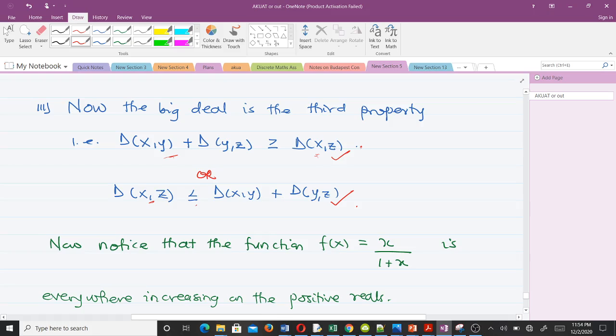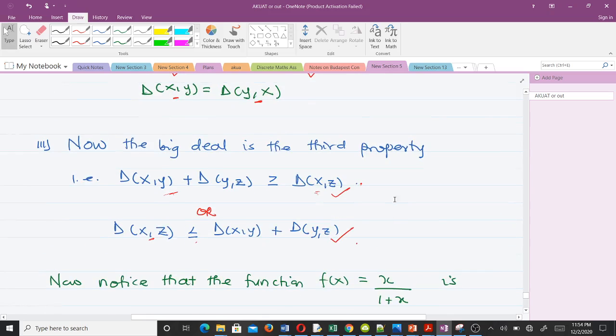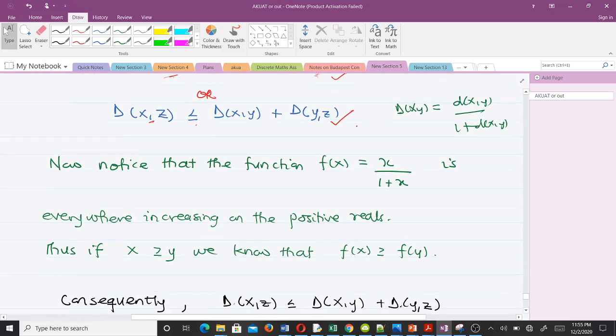So we had a function, right? So we had a space, and the space was this. So we had something like this. When you write this in a function form, it's the same as having a function of this form, f(x) = x over 1 plus x.